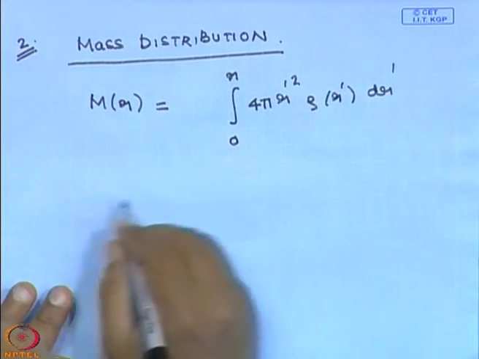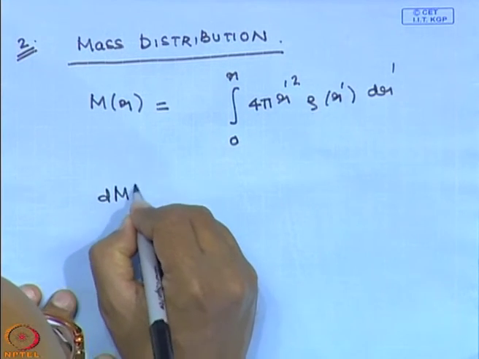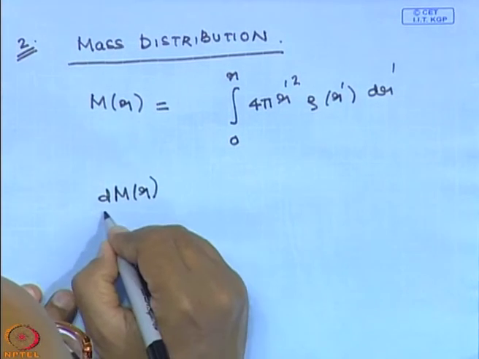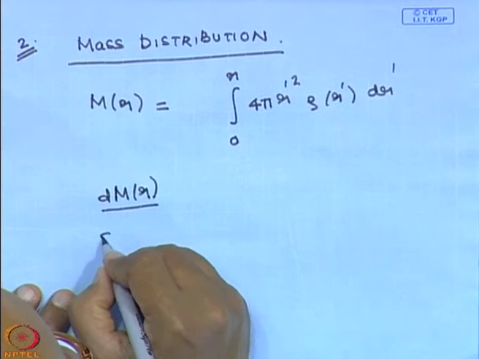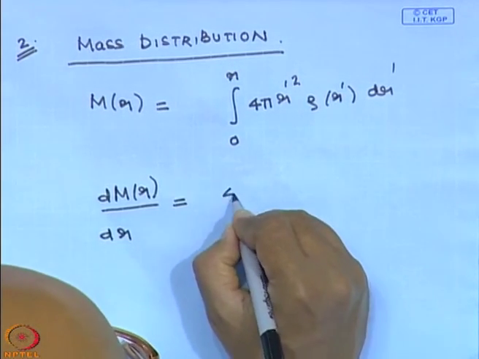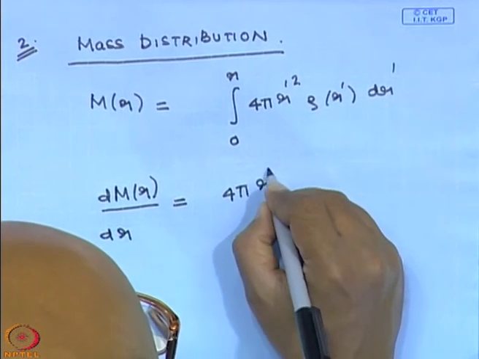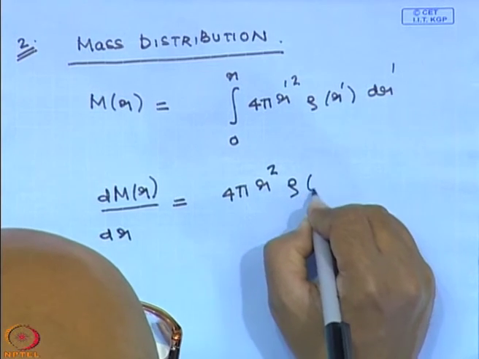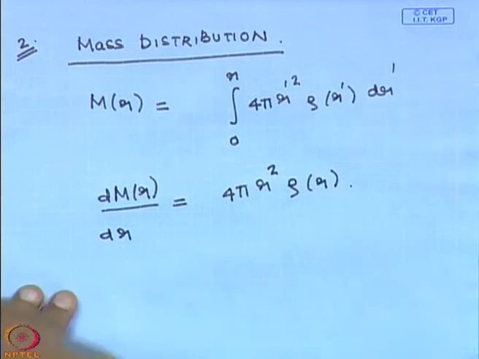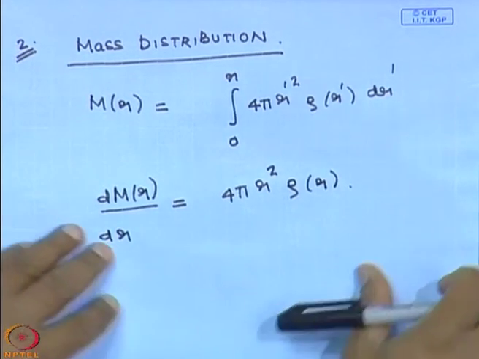So, this equation can also be written in differential form, which is d m(r) by dr equals 4 pi r square rho(r). So, this is the equation that governs the mass distribution.